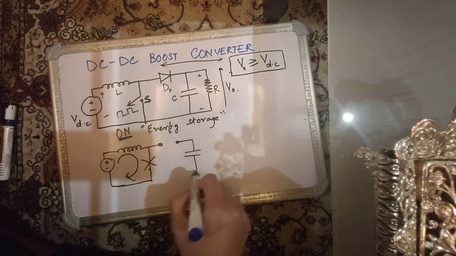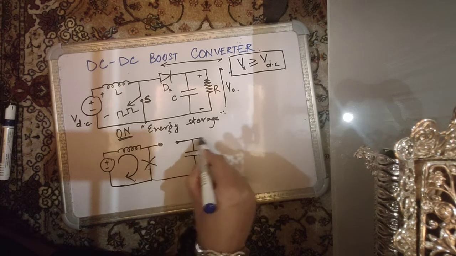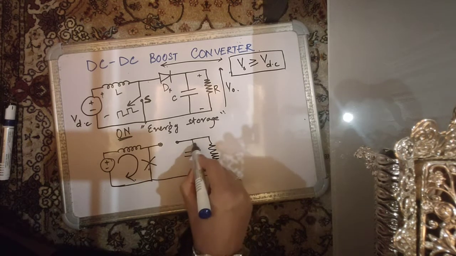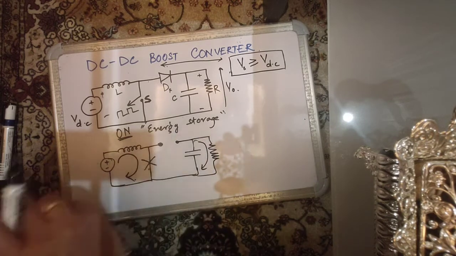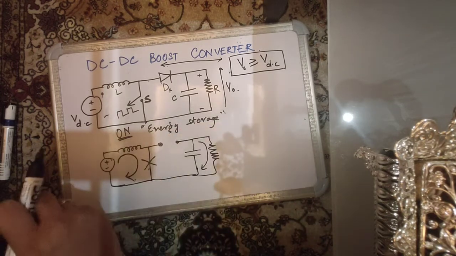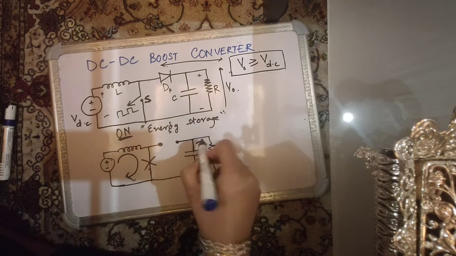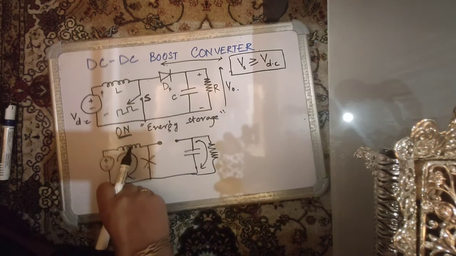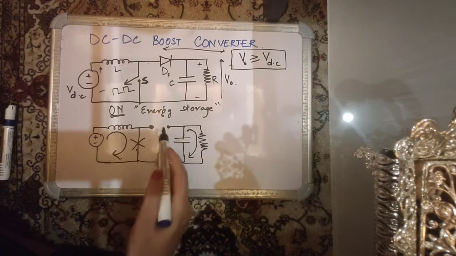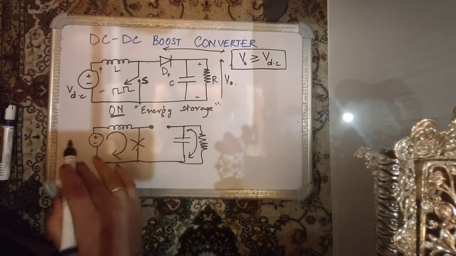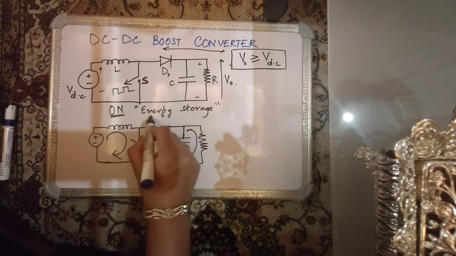And then you have the capacitor, which is still delivering into the load, assuming that it has some previous state of potential. If we talk about steady state, it will have some previous state of energy, and it will deliver energy into the load when the load side is disconnected from the source in the energy storage interval.